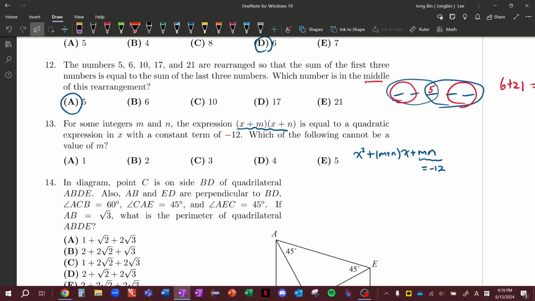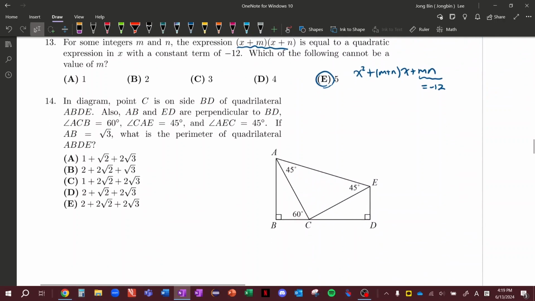So we just have to find m and n that are divisors of 12, and the only thing that is not in these options is 5. 5 times an integer cannot equal negative 12, whereas for all the other multiple choice options, it's possible. So our final answer would be E.